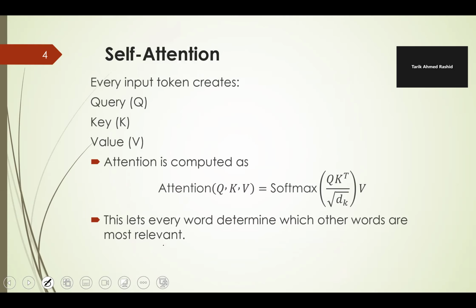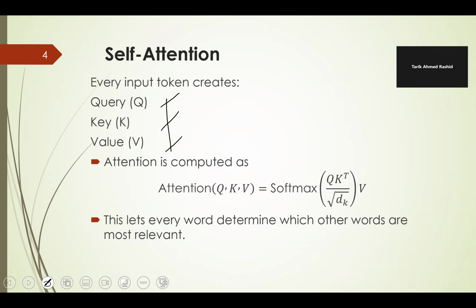So here we talk about the self-attention, which has three elements. We need to create a query, key, and value for each token, so each token must have these 3 elements.